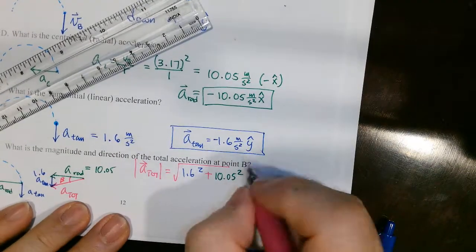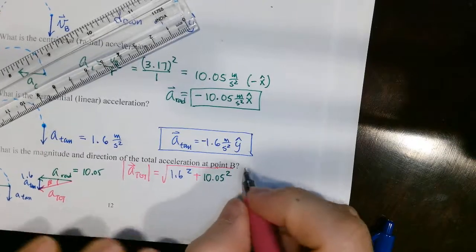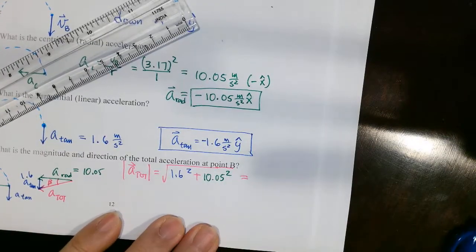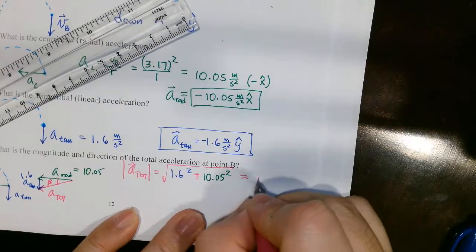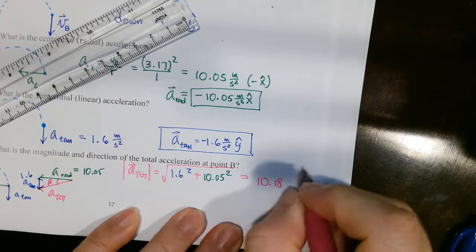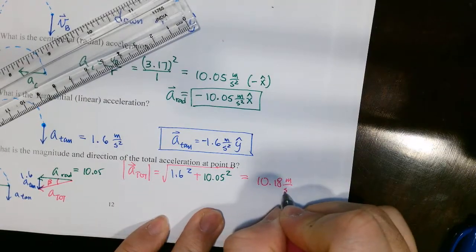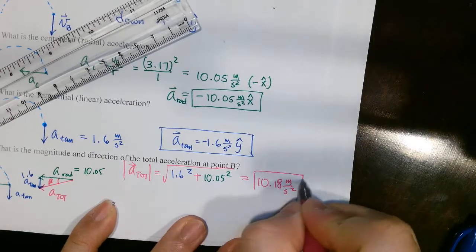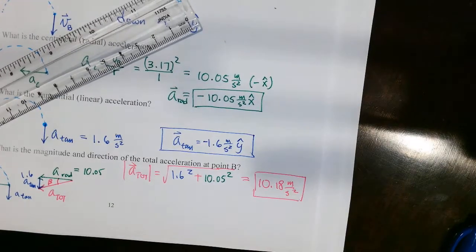And if you work that out with your calculator, I think you'll get something like 10.18 meters per second squared as the magnitude of my total acceleration.